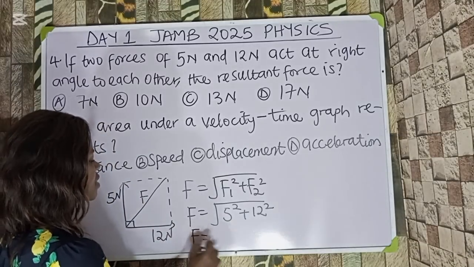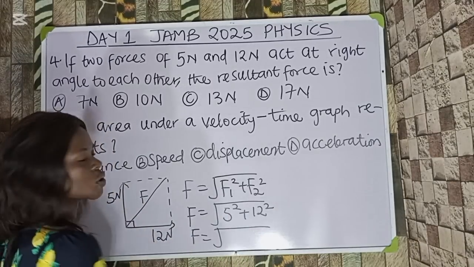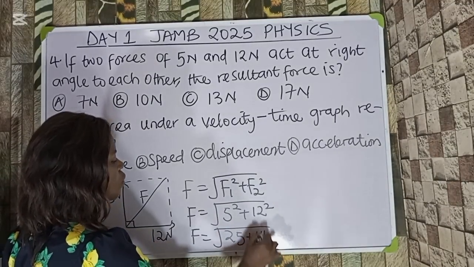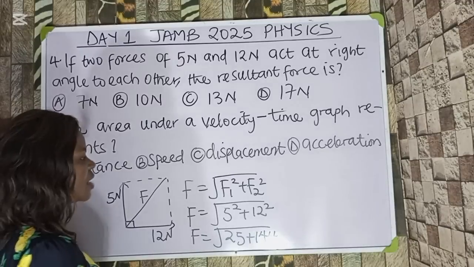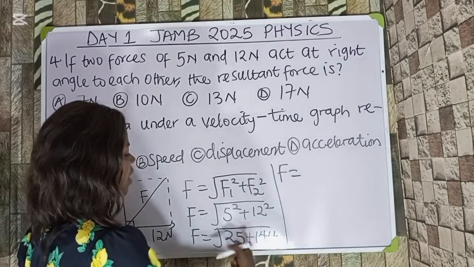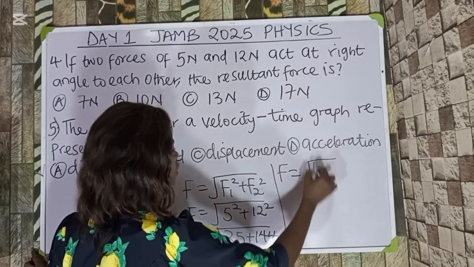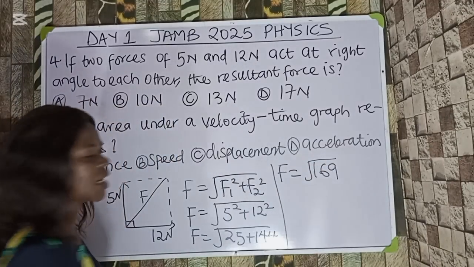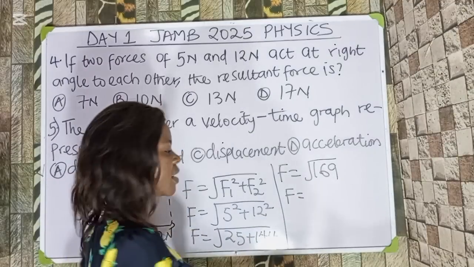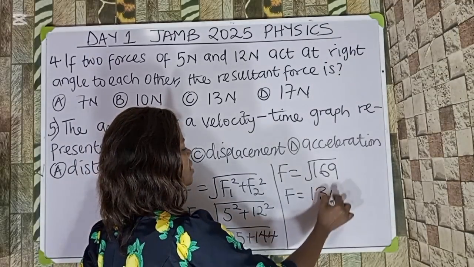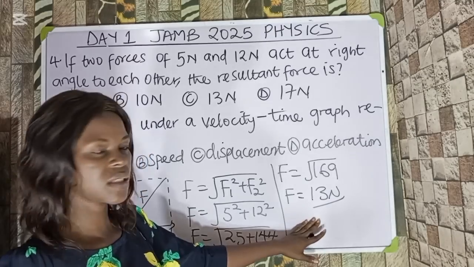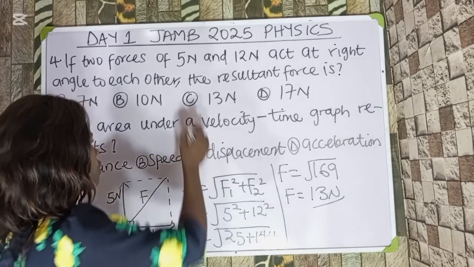The square of 5 is going to give us 25 plus 144. When I add it, I'm going to have root of 169. If I work it out, root of 169 is going to give me 13 Newton, right? Now you have gotten the force to be 13 Newton, and the correct answer is option C.